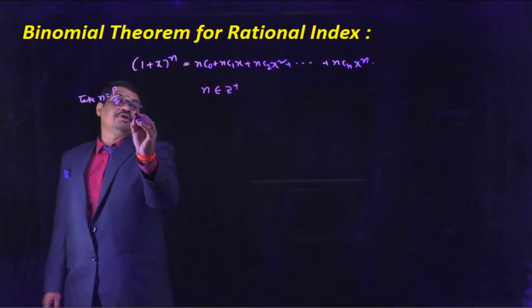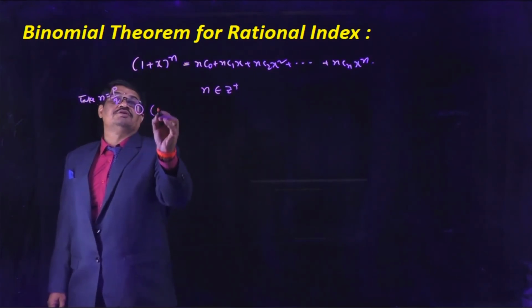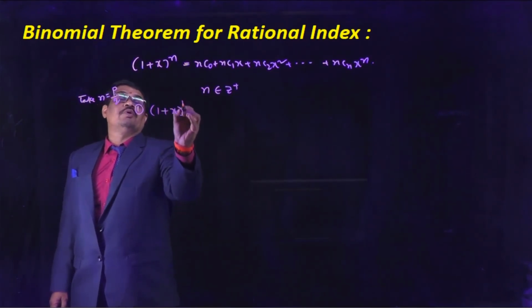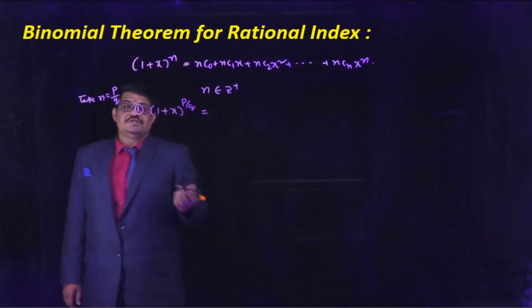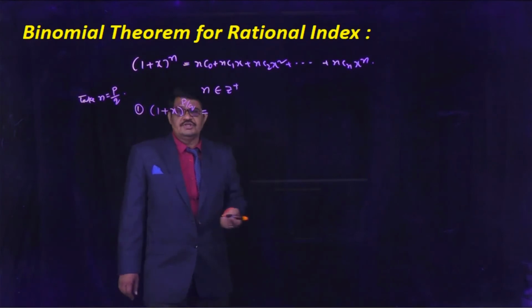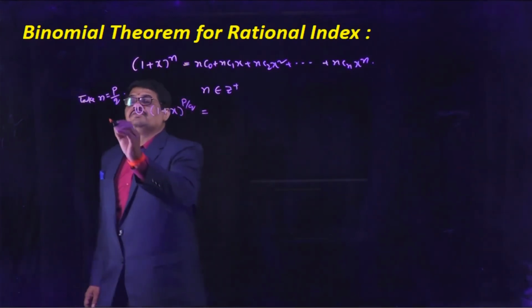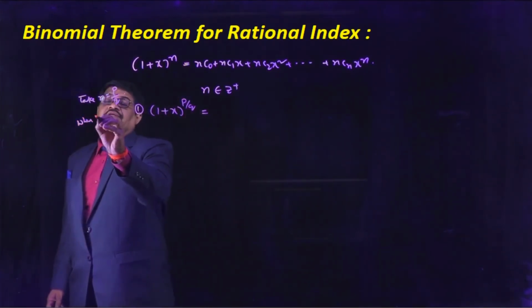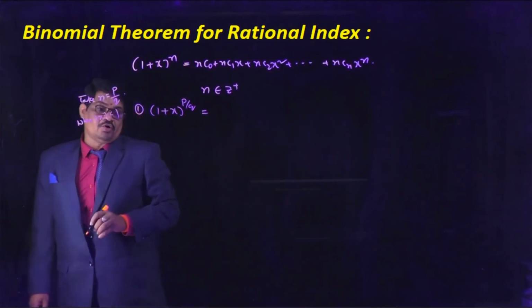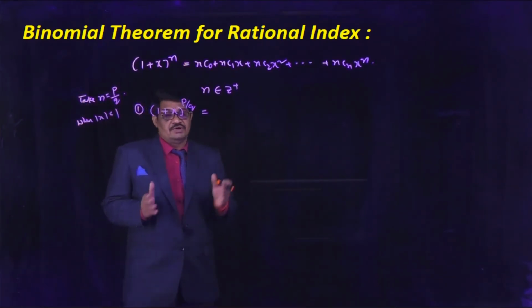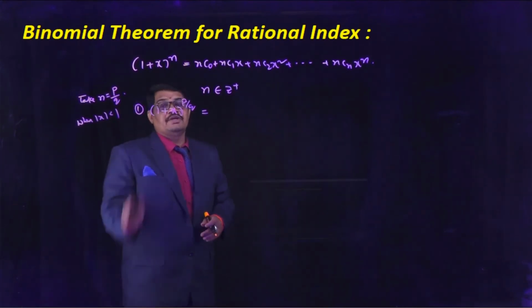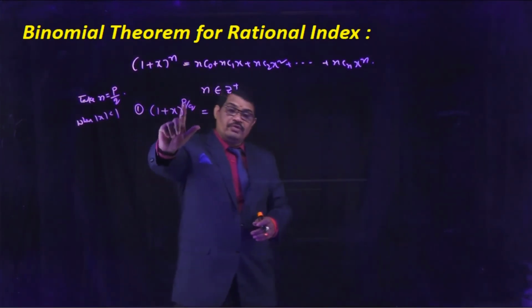The first one is the expansion of (1+x) to the power p by q. This expansion is valid when mod x is less than 1, that means x lies between minus 1 and plus 1.